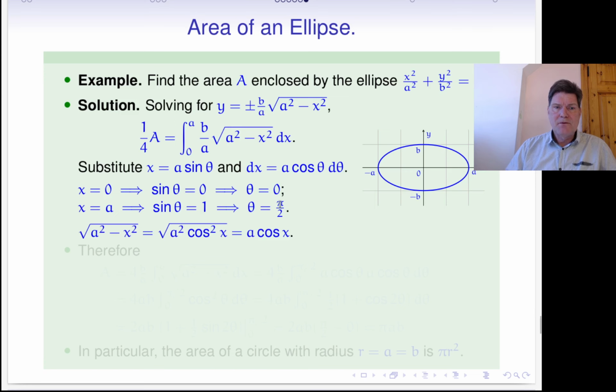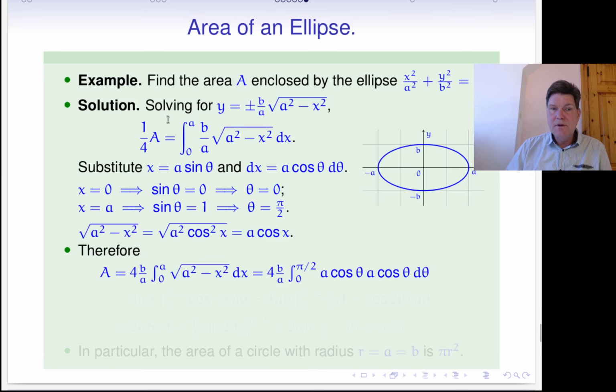With the substitution we have in mind, a squared minus x squared becomes a squared times cosine squared theta, of which the square root, of course, is a times cosine theta. So the area becomes 4 times b over a taken out as a factor, the integral from 0 to a over the square root of a squared minus x squared dx.